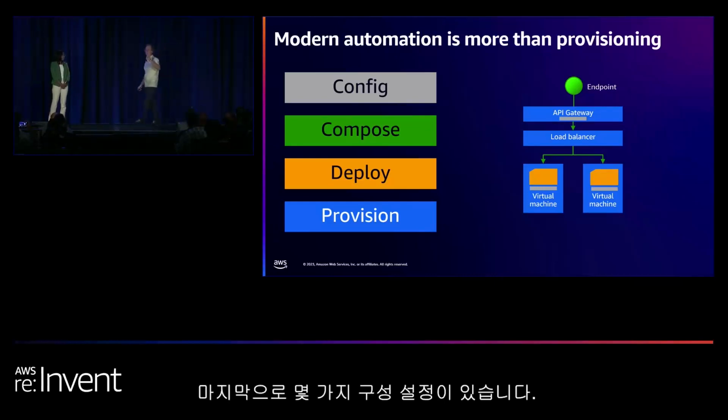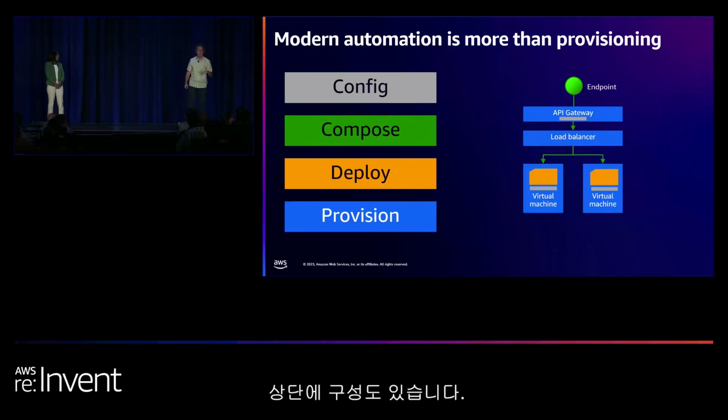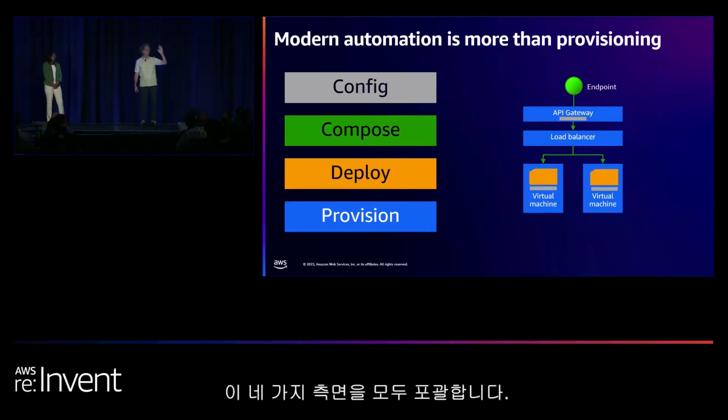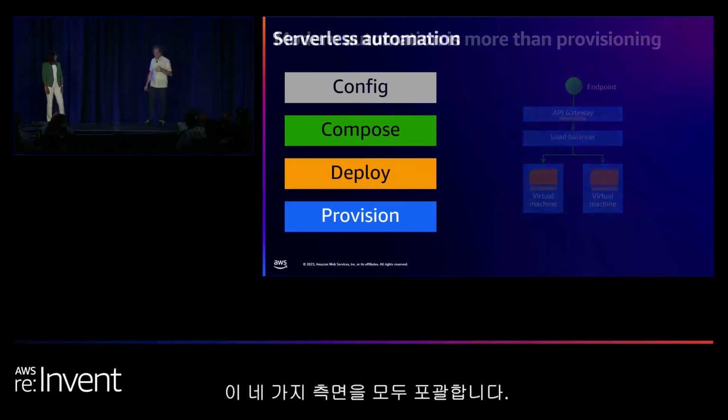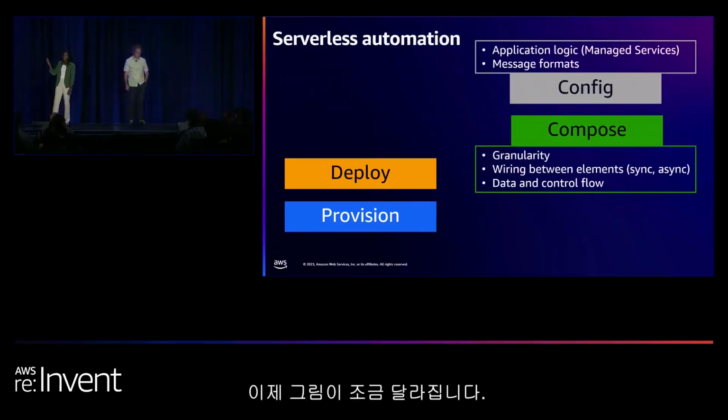And then last but not least, you surely have some configuration settings. You might have a primary and a secondary database. You might change logging levels, right? There's configuration on top as well. So when we talk about cloud automation, it's no longer just provisioning, but it really spans across all those 4 different aspects. And today we are talking about serverless applications. So that changes the picture a little bit.